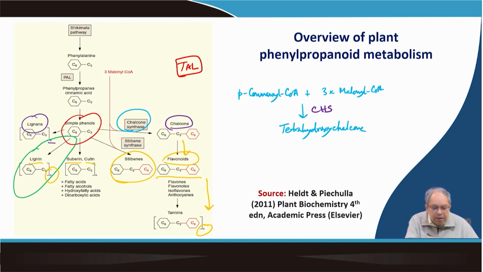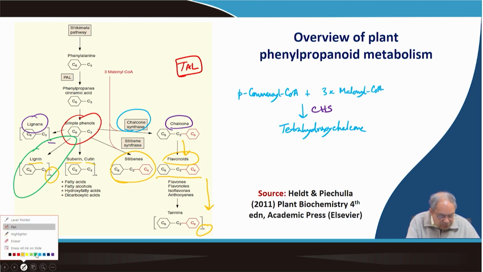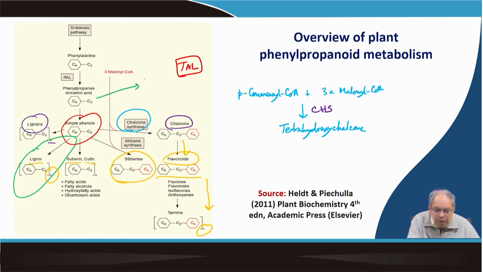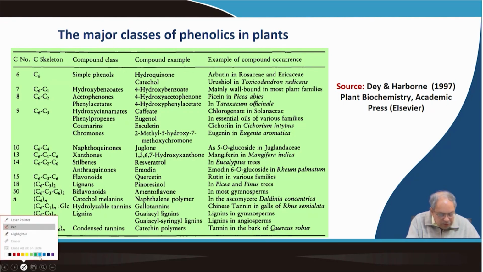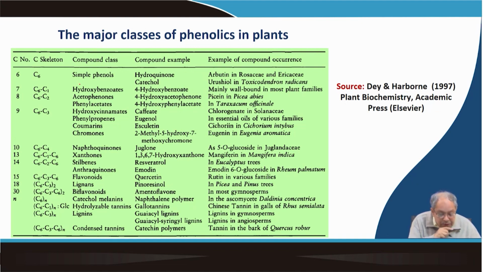When we talk about C6C1, that is the example of chain shortening, like benzenoids; these are the chain shortened compounds. I mentioned this earlier in the previous class. What is the chain shortening here? This is hydroxybenzoids here, and all other things I have already mentioned.